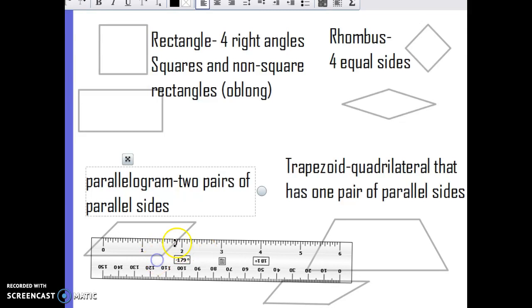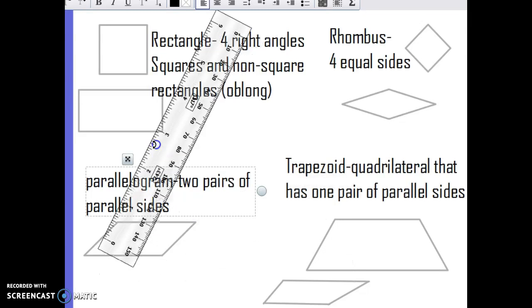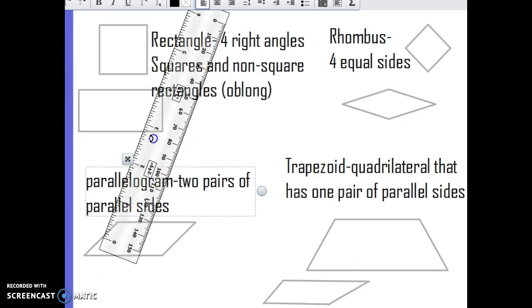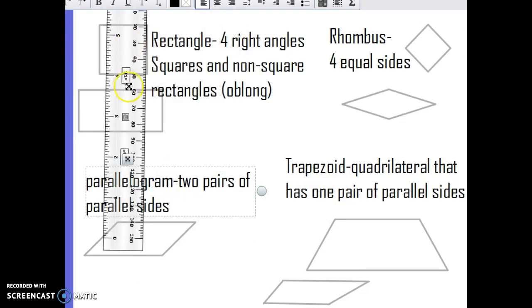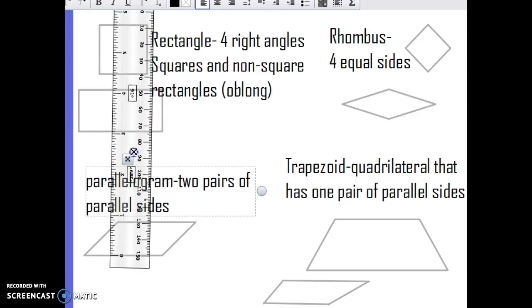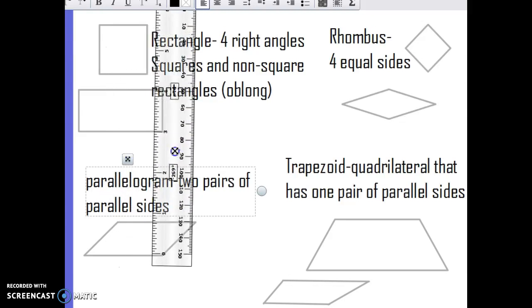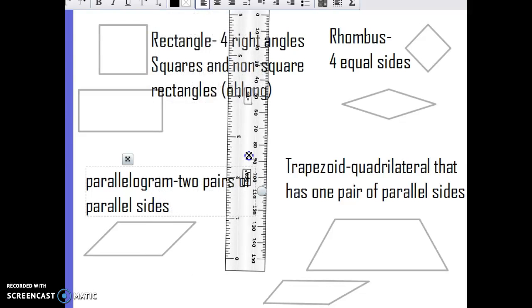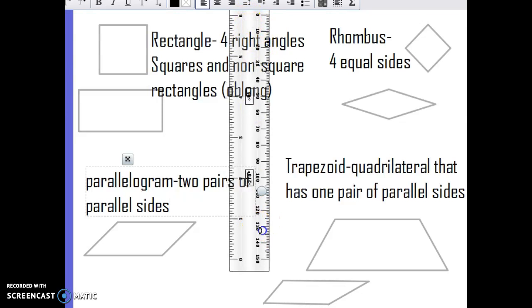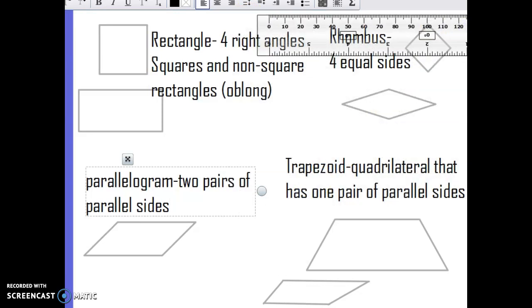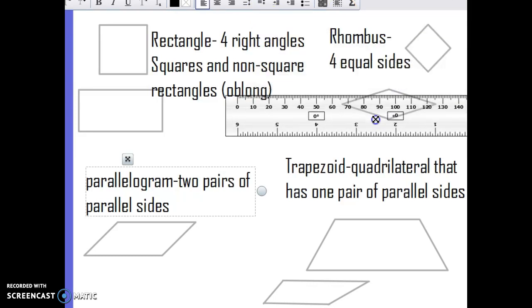And then we can show again with a ruler that these other two lines are parallel because they stay the same distance apart the whole way down, and those lines, no matter how far they extended, would never cross. And so those two lines are also parallel. So that's two ways to think about it. One, measuring it, but then two, thinking of it as the lines extended.